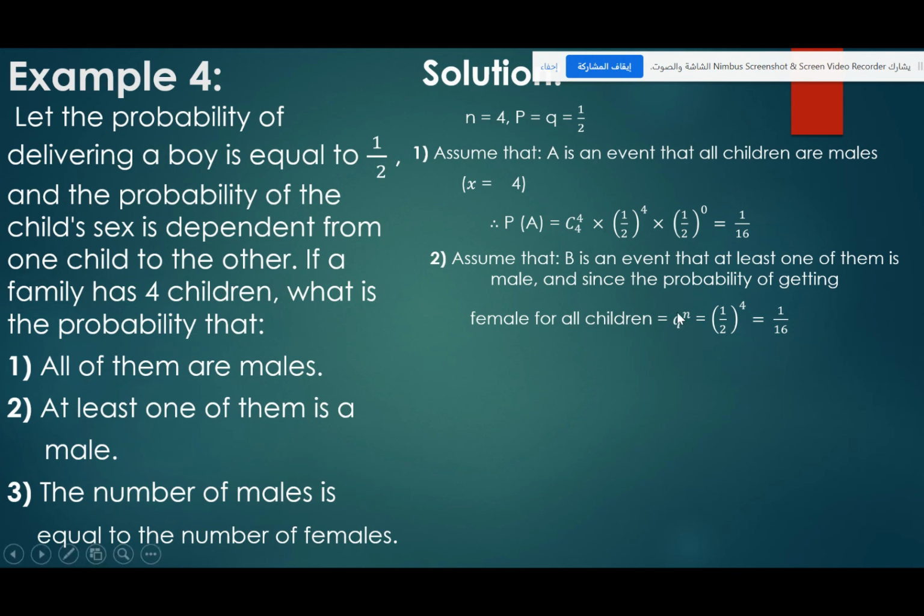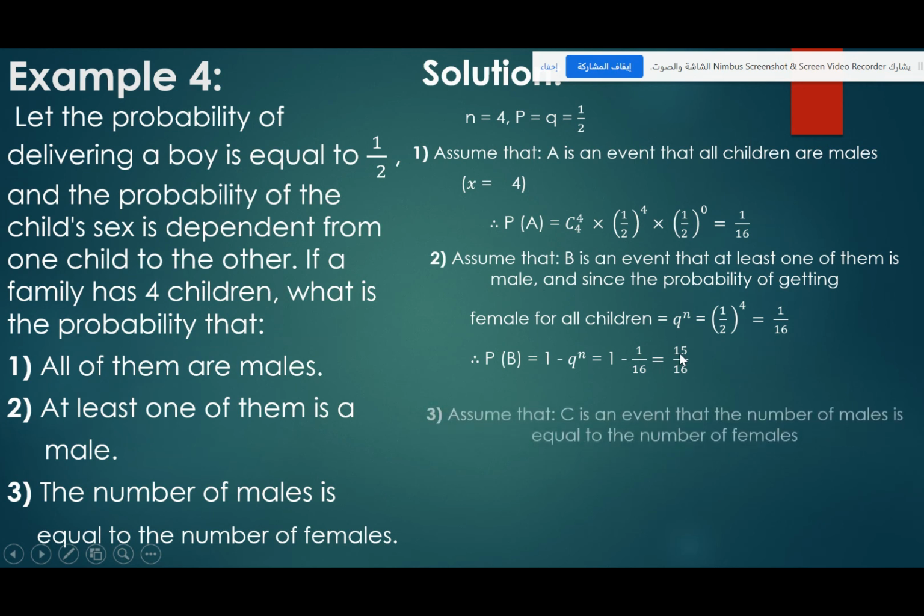Before that, you need to find q to the power of n, which is how to get female, which is 1 over 2 to the power of 4, which is 1 over 16. Now you need to subtract it from 1 to know how much at least once you will get. 1 minus q to the power of n is 1 minus 1 over 16, which after equaling the denominator is 15 over 16.